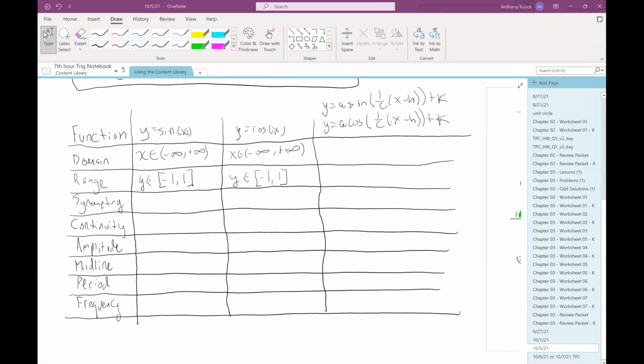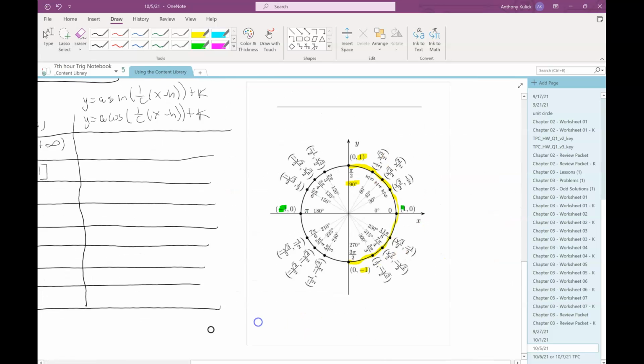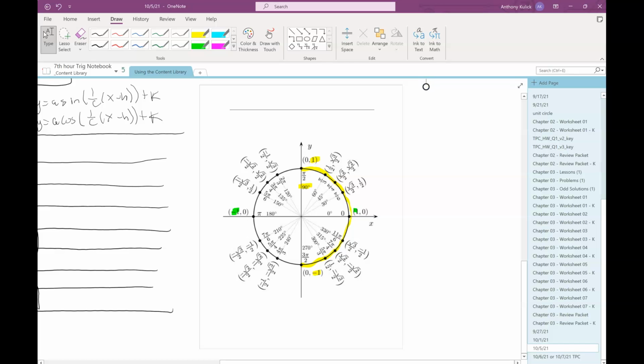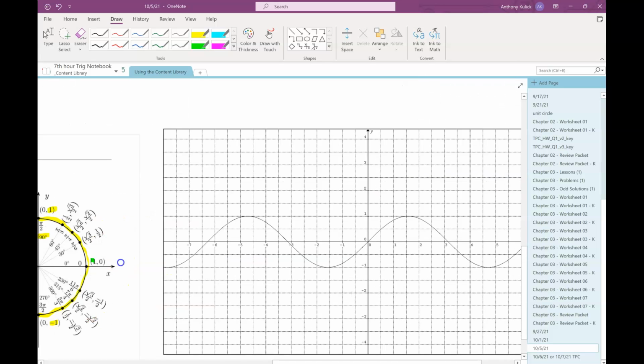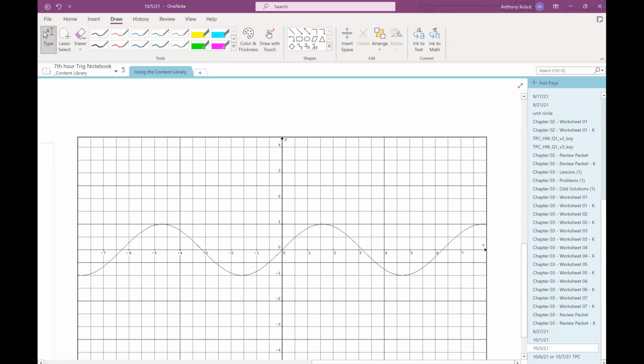Let's now take a look at the graph for sine x, and we'll talk about how I would go about getting this graph. So this is the graph for sine.